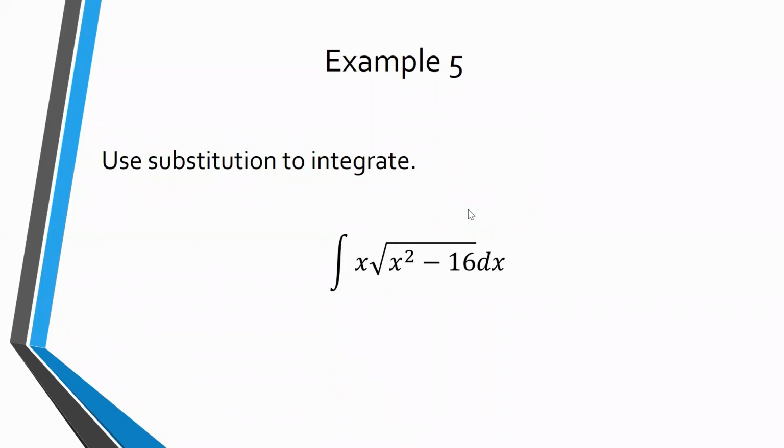Another scenario that you could come across is one which has a polynomial underneath the square root. Now remember, square root just means taking something to the 1/2 power. This is nearly equivalent to those examples we did earlier, like this one, where I had a polynomial to a power and then something out front.